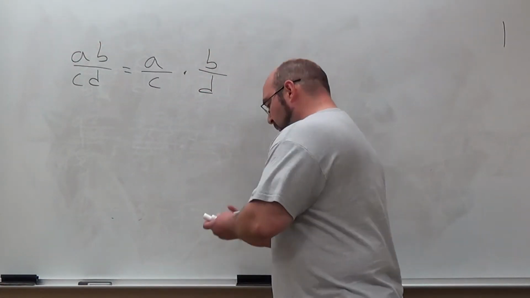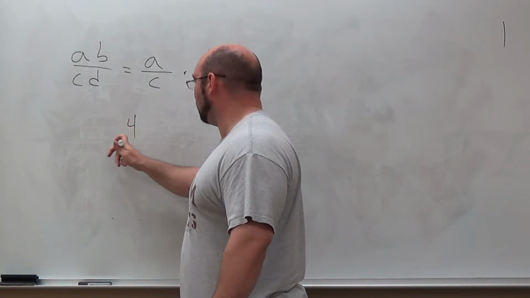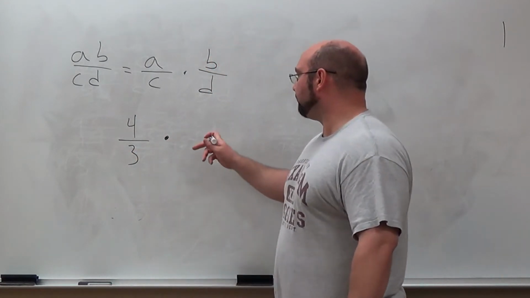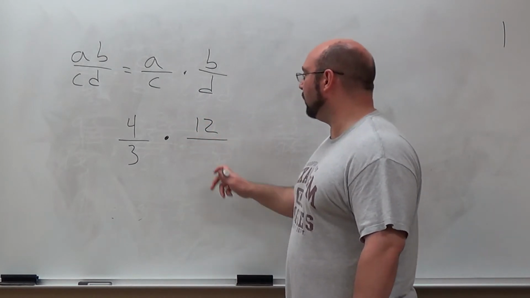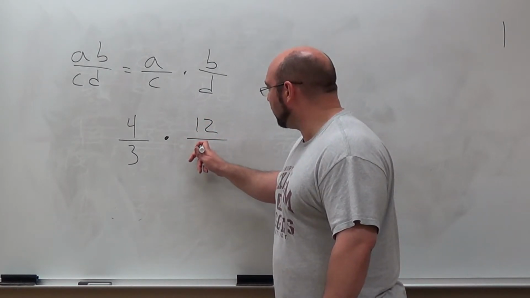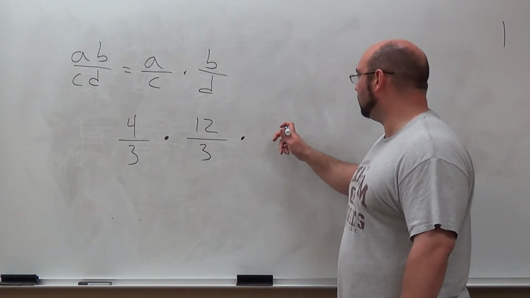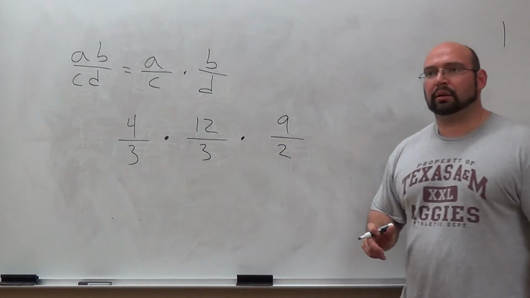So at the same token, if I have 4/3 times 12 over 3 times 9 over 2, right?